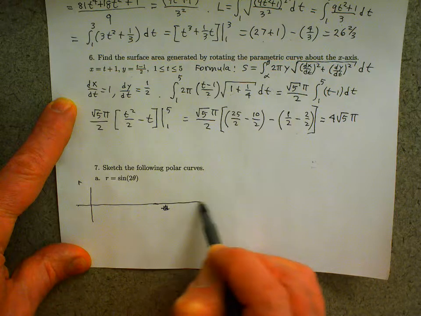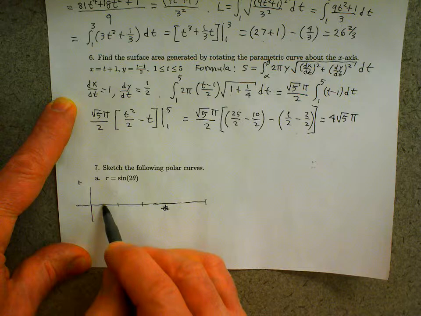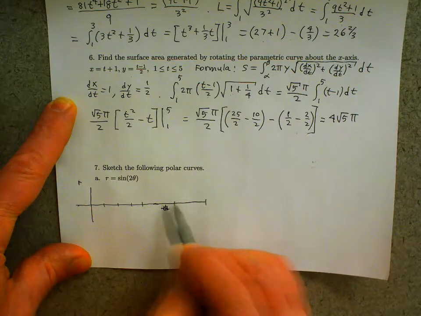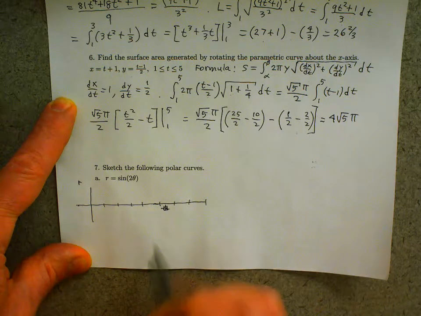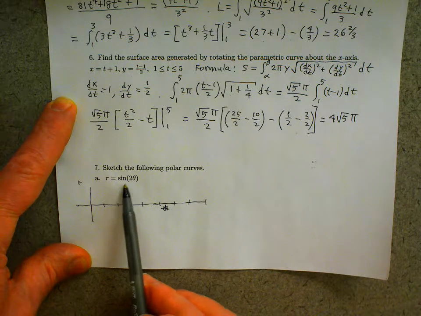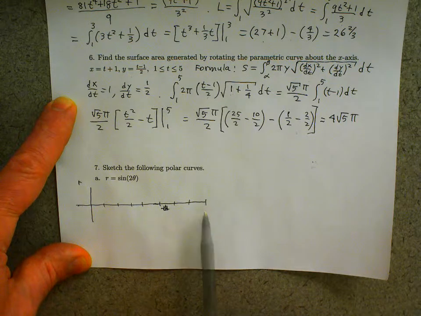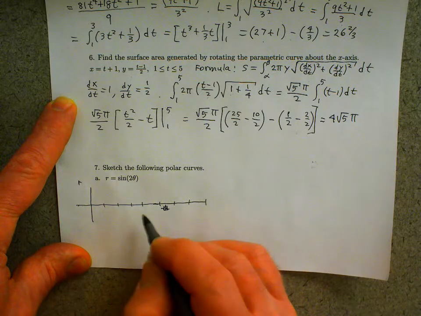So we're going to go from 0 to 2 pi, but the graph of r equals sine of 2 theta in rectangular coordinates is going to have 2 periods in it.